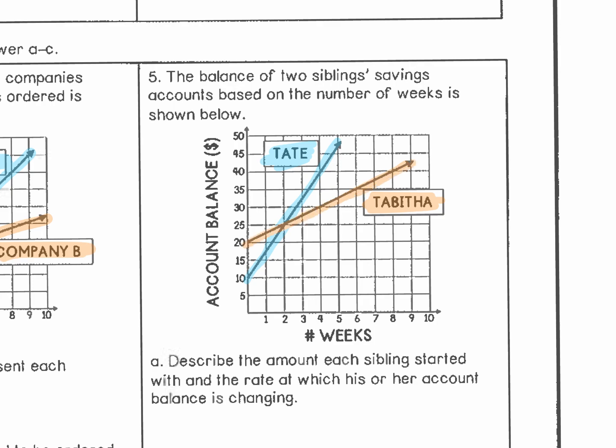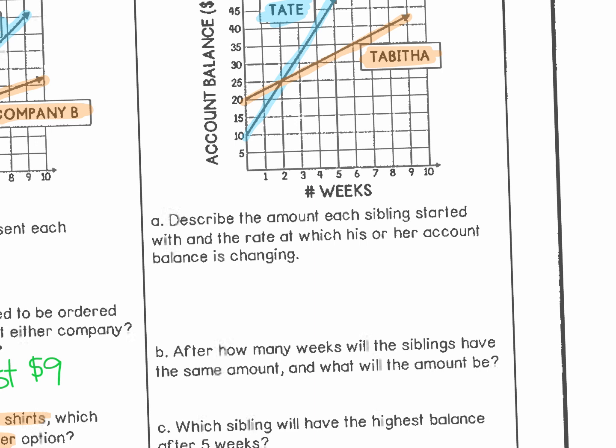There we go. So question A, it says, describe the amount each sibling started with and the rate at which his or her account is changing. Okay, the things that I want you to know in this question, the starting amount, that is going to be wherever it touched on the y-axis. Okay, so we're going to label that. The starting amount is basically your y-intercept.